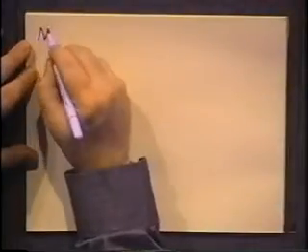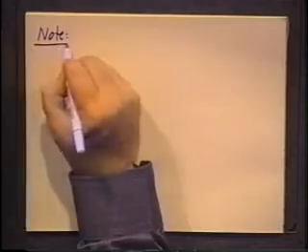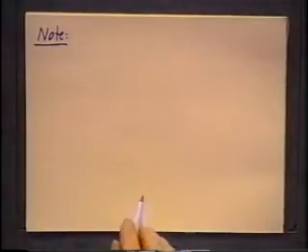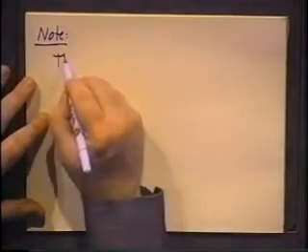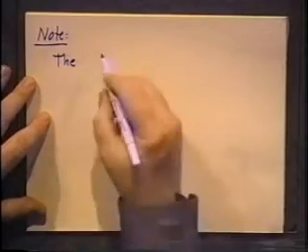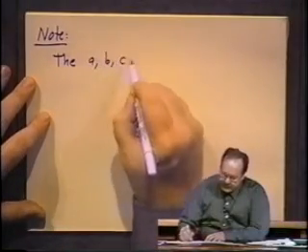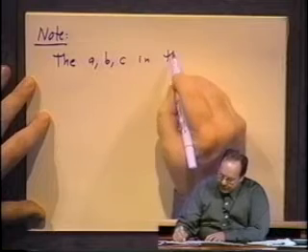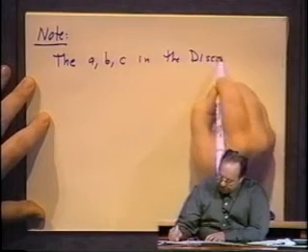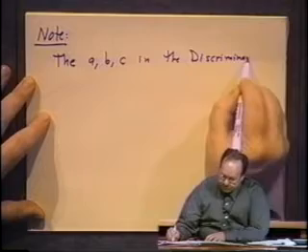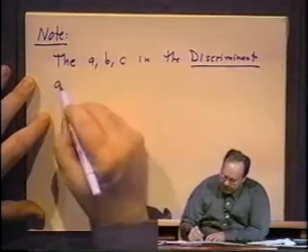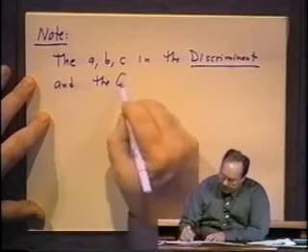All right. Let me give you a note here before I move on to some problems. This is just something to remind you at this point. Remember the a, b, and c in the discriminant and the quadratic formula.